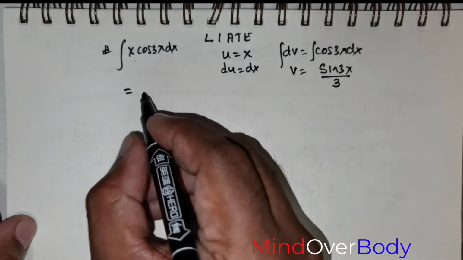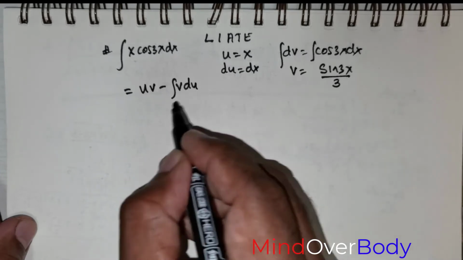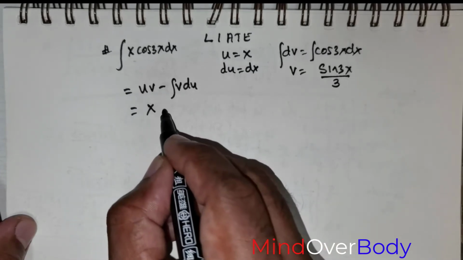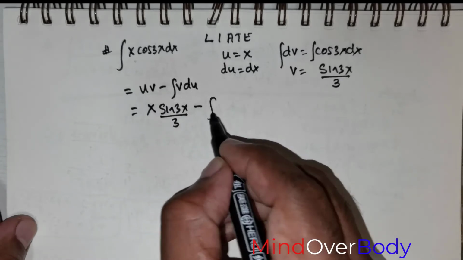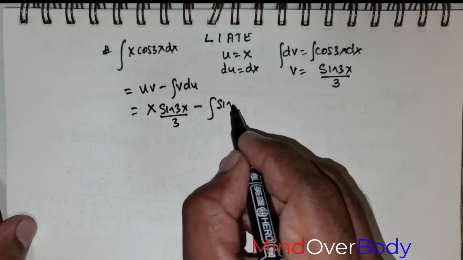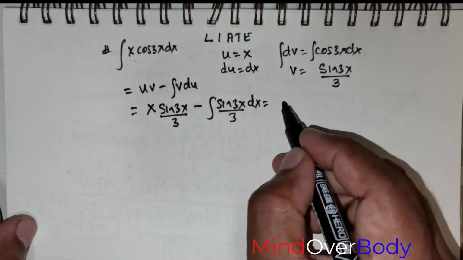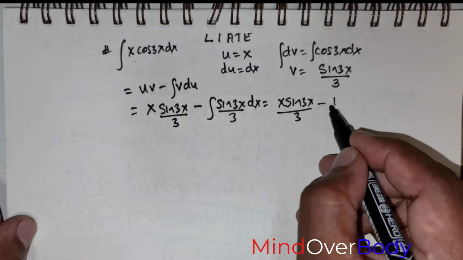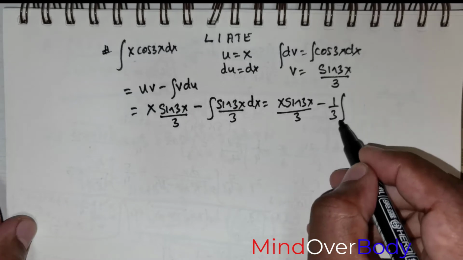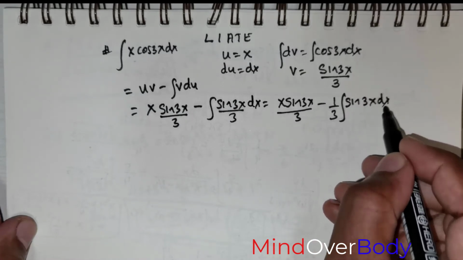Now this is going to be equal to uv negative integral v du. My u is x, my v is sin 3x over 3, followed by a negative sign. My v is sin 3x over 3. My du is dx. I can rewrite this as x times sin 3x over 3. I take the constant 1 over 3 out. That would give me integral of sin 3x dx.